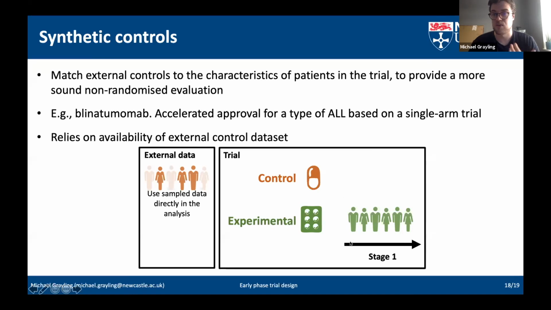And therefore, this is far more reliable than just doing a conventional single arm trial that compares just to some specified response rate. So I really think this could be a very important approach moving forward for phase 2 trials. However, the big limitation obviously at the moment here is this assumption that you have a very large external control data set from which you can sample.